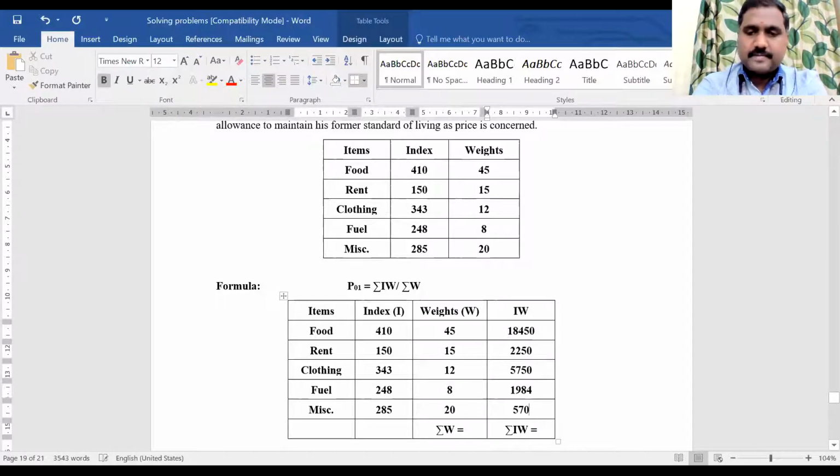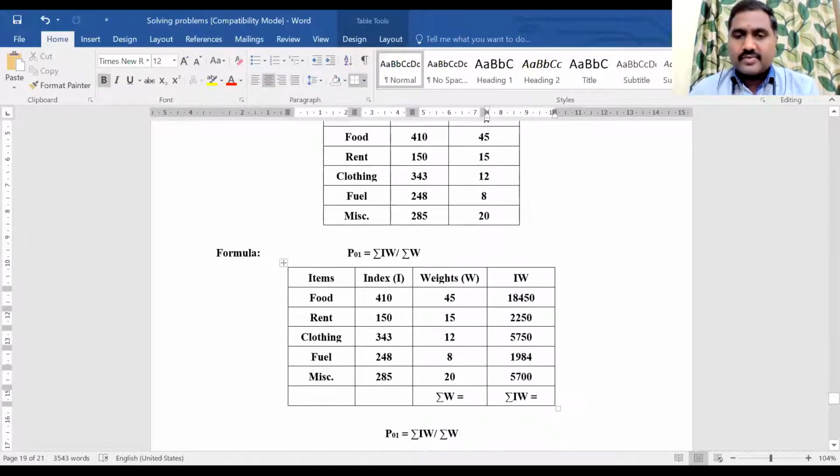Okay, now tell me the total weightage value as well as the IW value. So 40, 50, 60, 70, 80, 100. And here, 12 into 343 is 4,160 now.